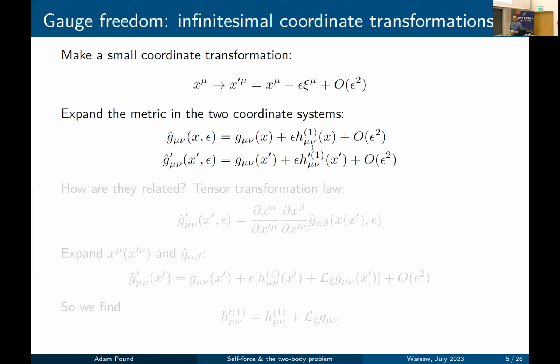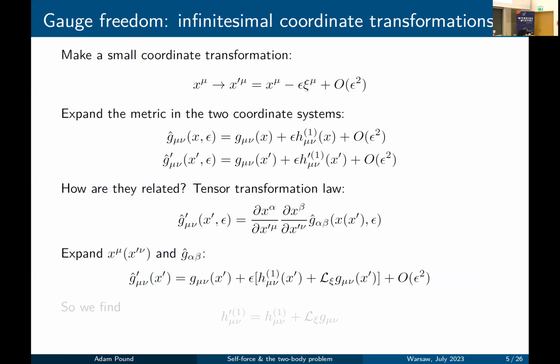Then we can relate these two just using the standard tensor transformation rule for how the components of the metric transform. So g prime here is just the usual Jacobian times g. Also think of this as the pullback of the transformation. So let's take this tensor transformation rule, expand x as a function of x prime.